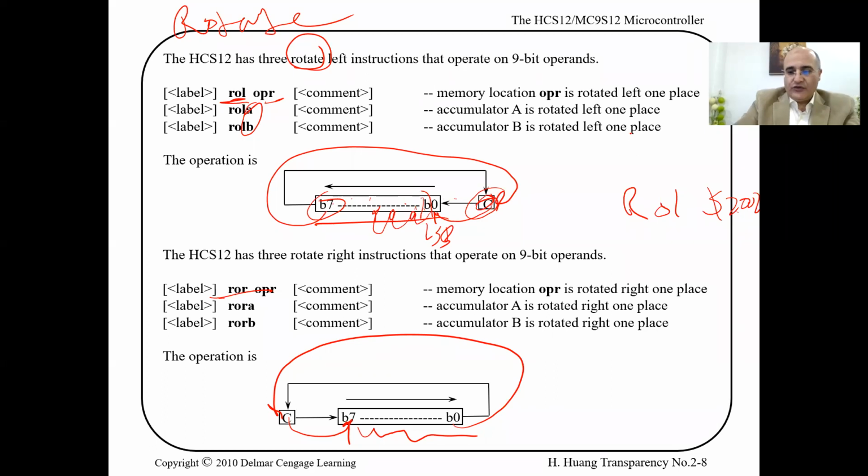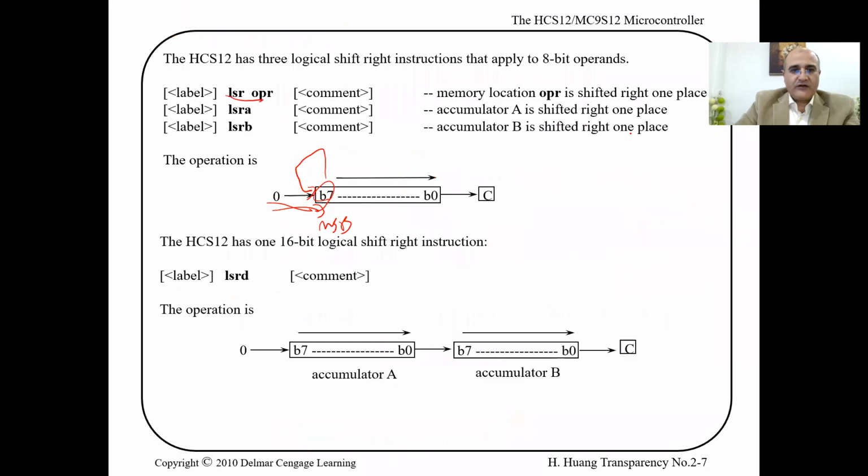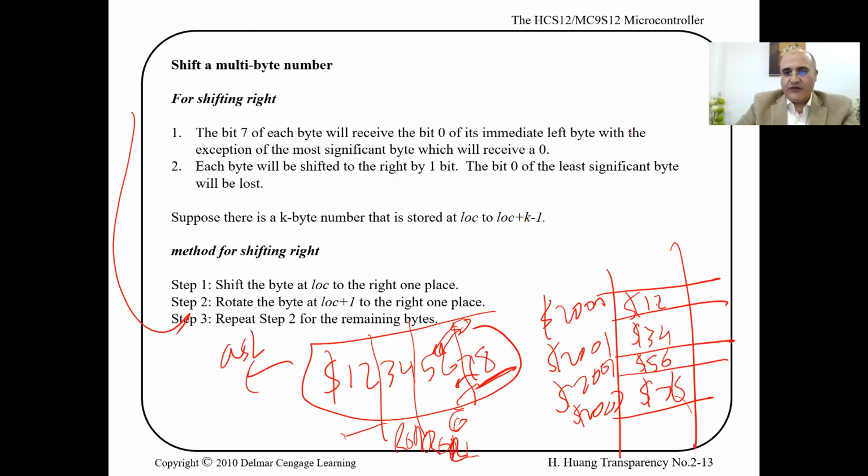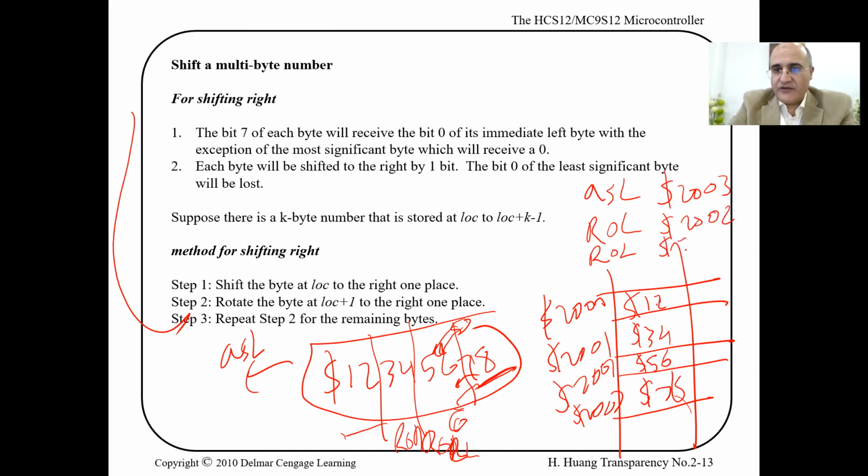And if we want to do it real quick, arithmetic shift left, and for the locations here, it is like this. And you want to shift this left, and we do arithmetic shift left for address 2003, then rotate left 2002, then rotate left 2001, right?